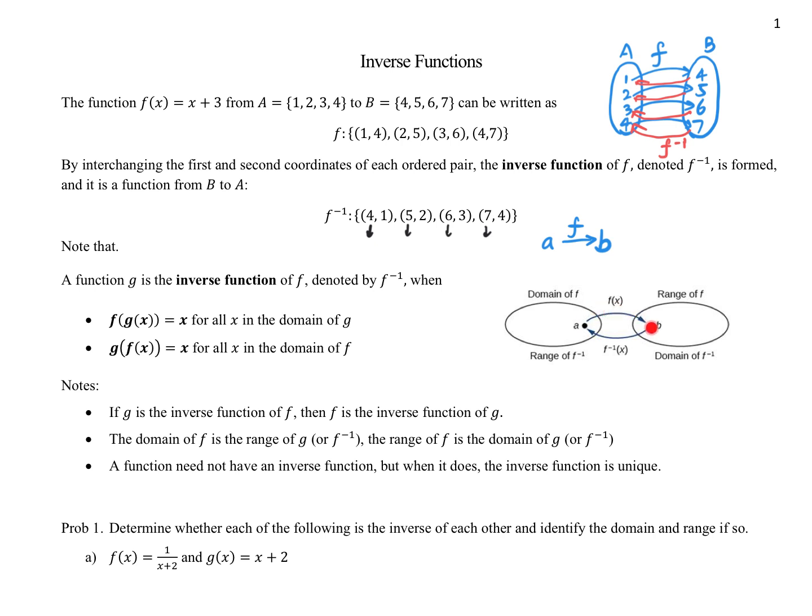And then B under f inverse is mapped back to A. And similarly, if you begin with B, under the inverse of f it is mapped to A, and then A under f is mapped to B.